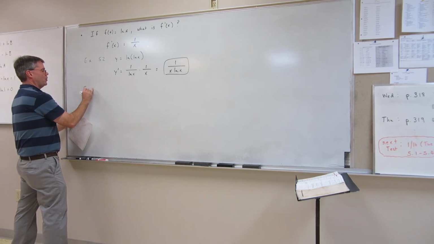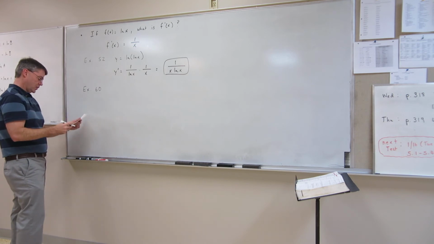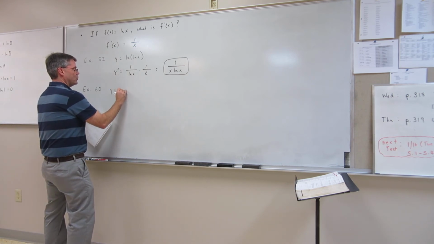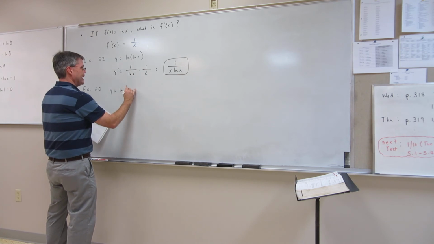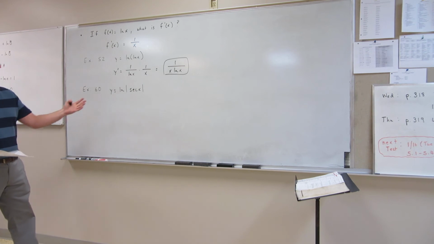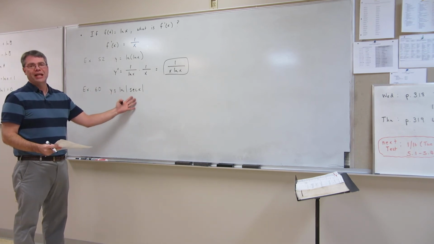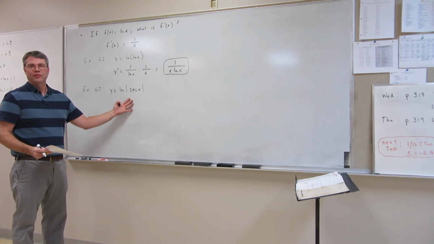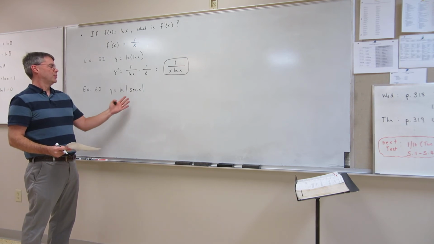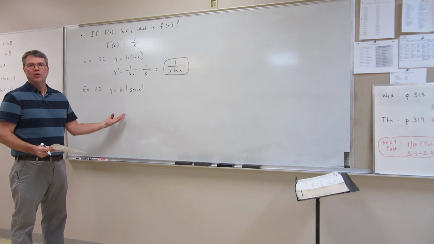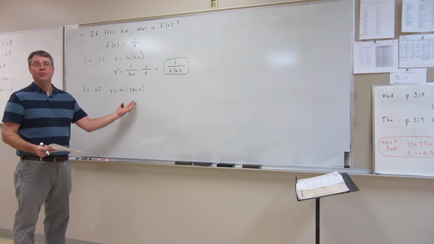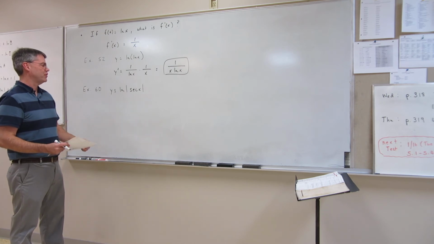Our next example is number 60, and that's y is equal to the natural log of the absolute value of secant x. Now the reason that the absolute values are there is because you can't take the log of a negative. Half of secant numbers, anything you put in the x and look into the unit circle, half of them would be negative, so we take the absolute value.